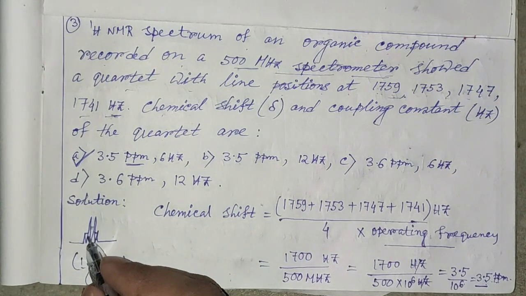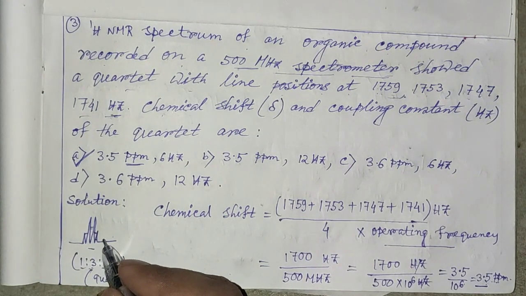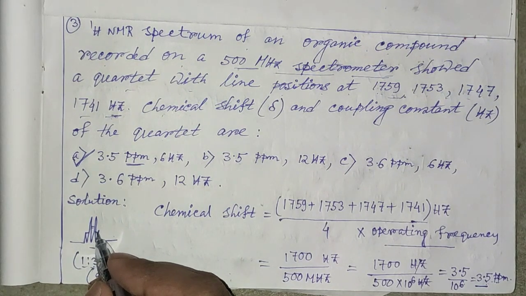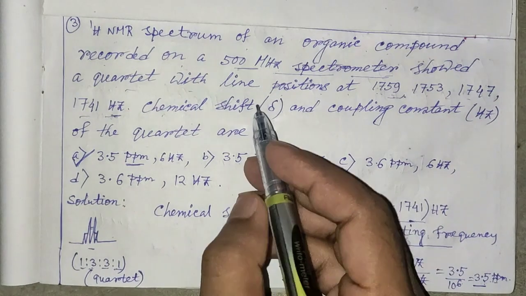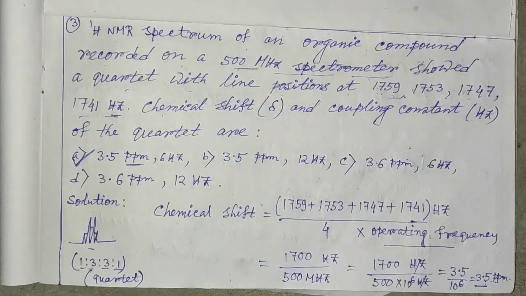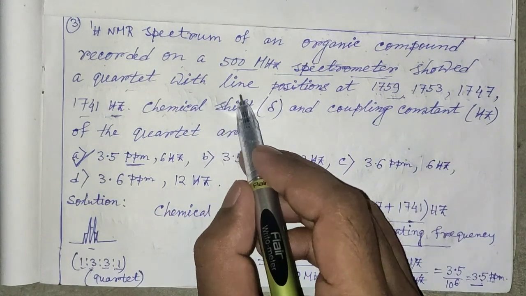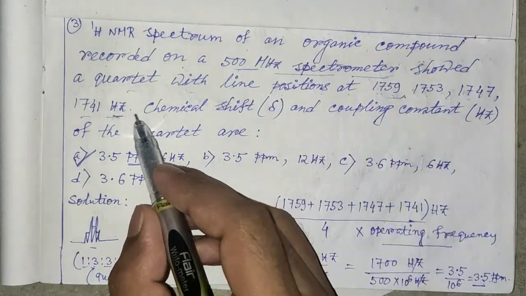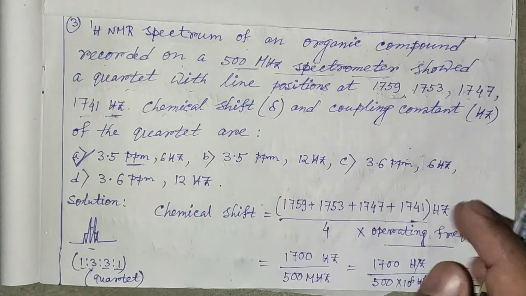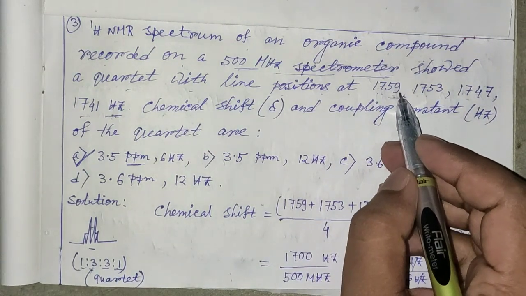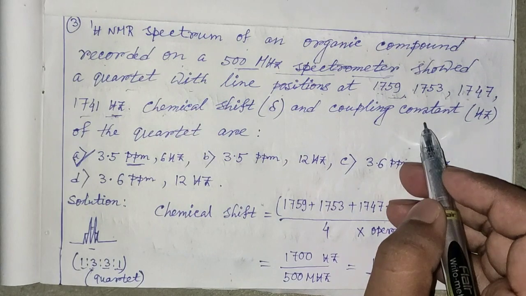If the values are given in ppm unit, then we have to subtract between 2 peaks and multiply it with the operating frequency to get the coupling constant value in unit of Hz. Now, since the value of the line is given in Hz unit, if we subtract the value between 2 successive lines, we can get the coupling constant.